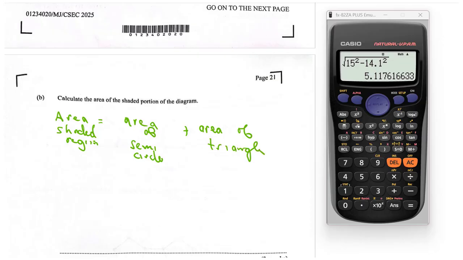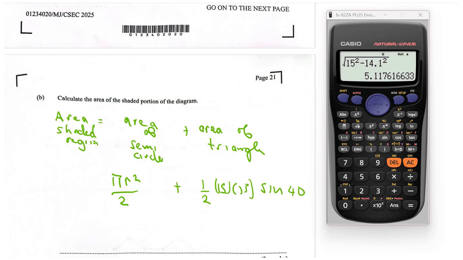Now the area of the semicircle, we're going to use pi r squared divided by 2, because pi r squared is the area of a full circle and we're using a semicircle, so it's pi r squared divided by 2. The area of the triangle now is going to be half times 15 times 15 times the sine of 40 degrees. Now let us compute this.